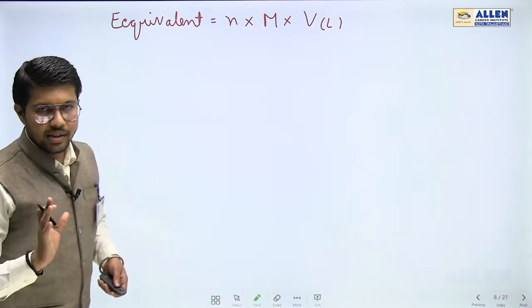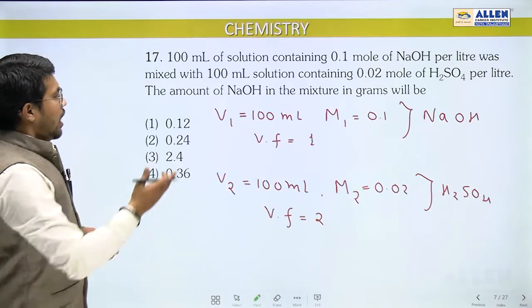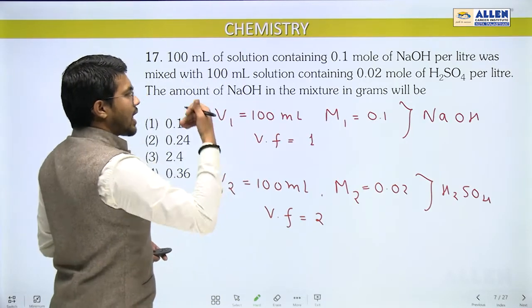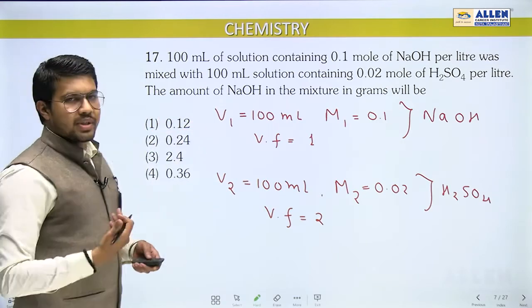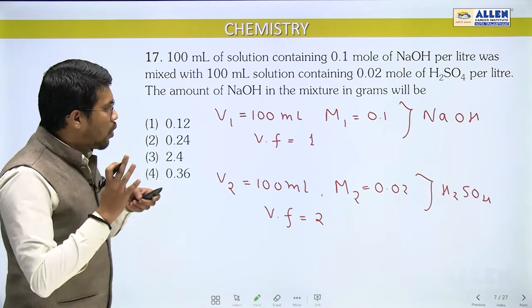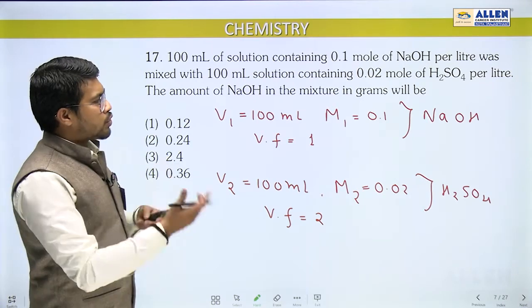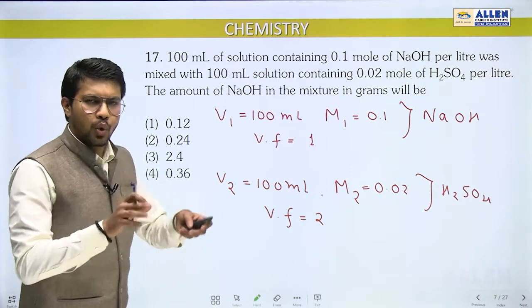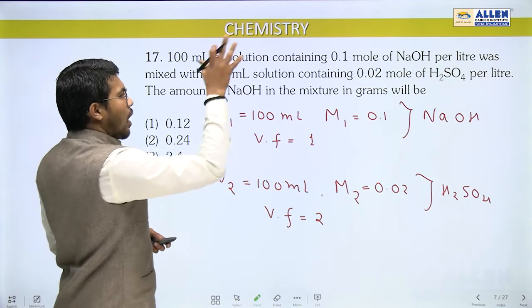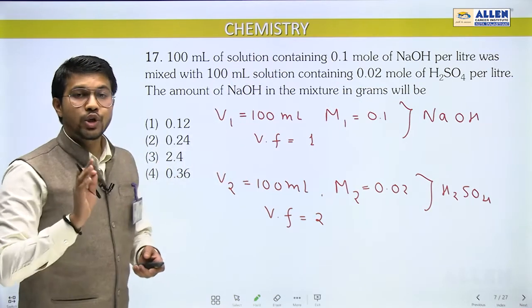So obviously, the question is clearly saying that NaOH is present in excess amount. Okay, so what will happen? NaOH will react with H2SO4. H2SO4 will be consumed totally. Okay, so we'll be left with NaOH only.